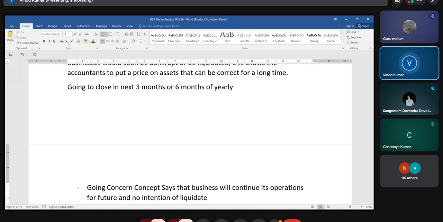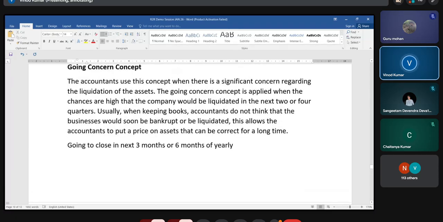In such cases, as accountants, we need to realize this and give suggestions to the company management to increase the company's financial growth by taking new loans or investing in new aspects, which will continue for a longer period, guys. So it is mainly used when there are possible chances of the company getting lost, guys.